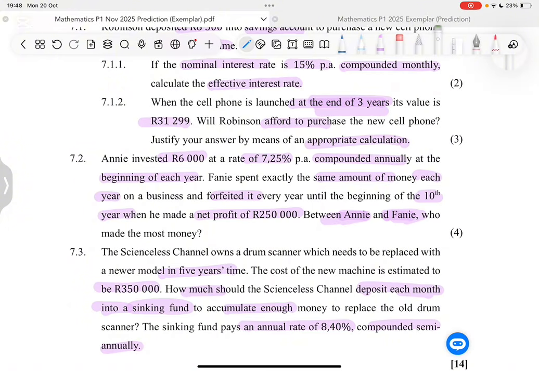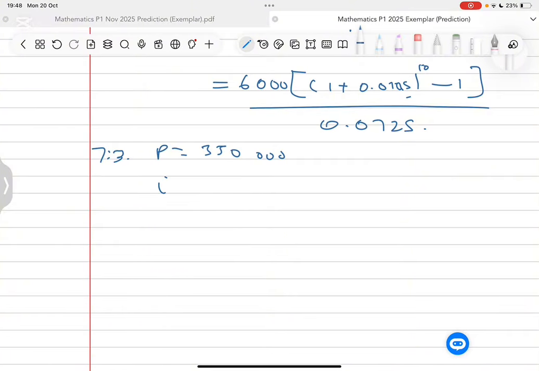But there are a couple of interesting things that we have to look at here. Our interest is 8.4%, and obviously we're going to divide this by 100 so that we get 0.084.